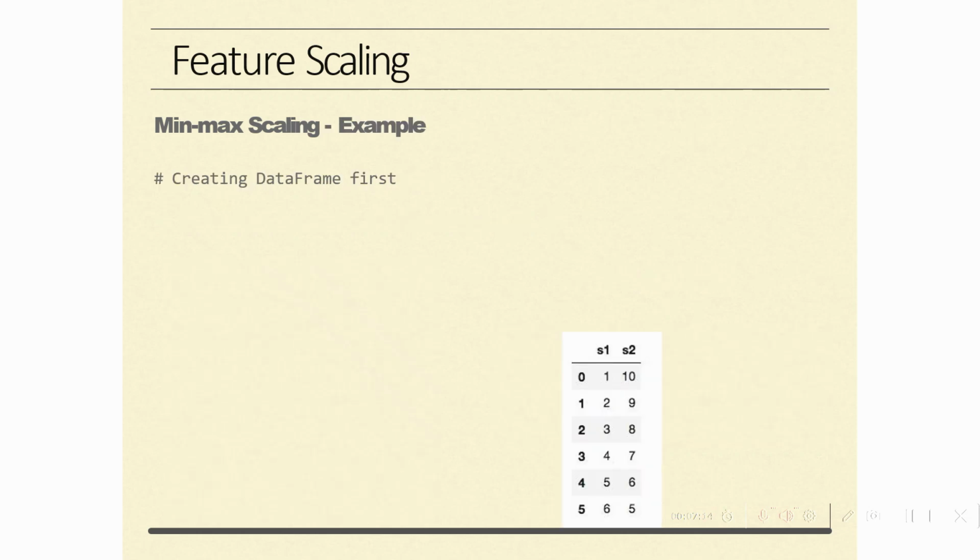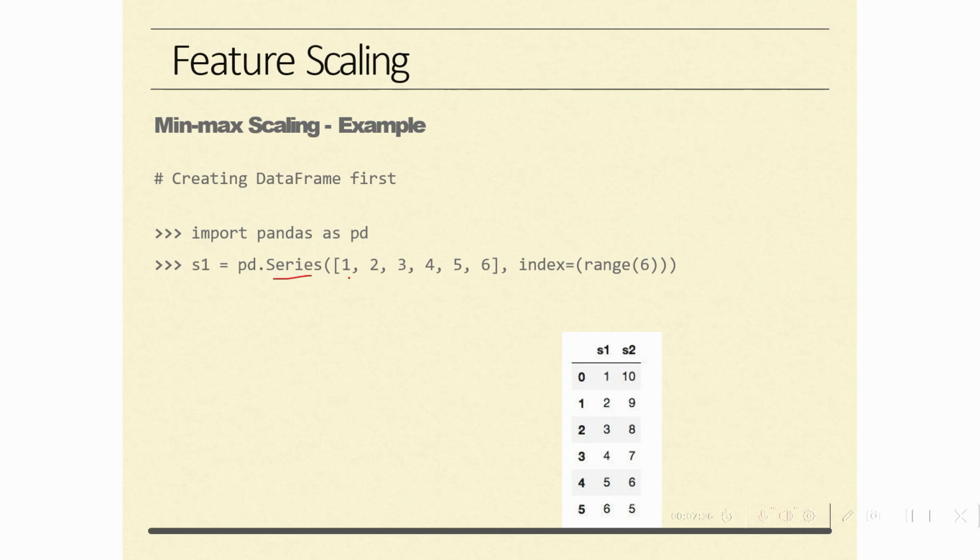Now we are going to see one example of min-max scaling. First of all, we create a data frame. For that we import pandas as pd and create a series of data. S1 equals pd.Series of 1, 2, 3, 4, 5, 6, which is column data, with index equal to range of 6, so 6 elements.